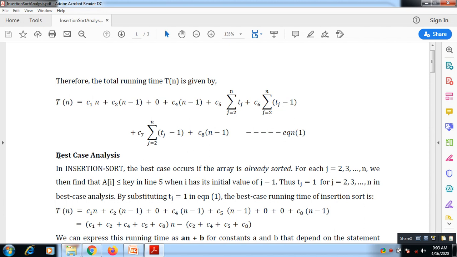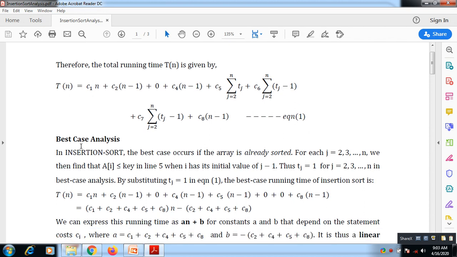The best case always gives us the minimum possible time to run the program. The worst case gives the maximum possible time, and the average case gives the average time required to run our algorithm.